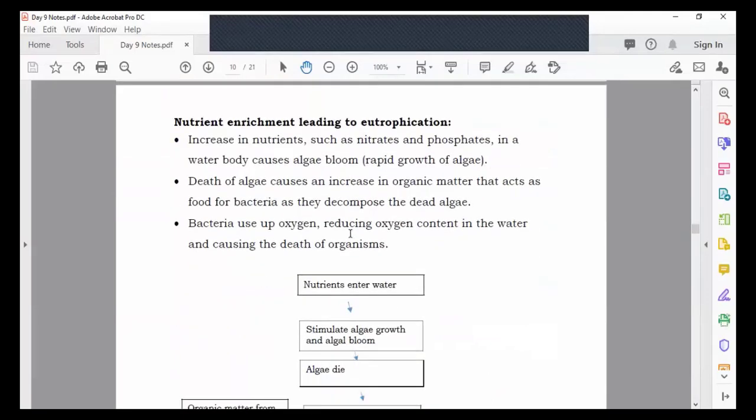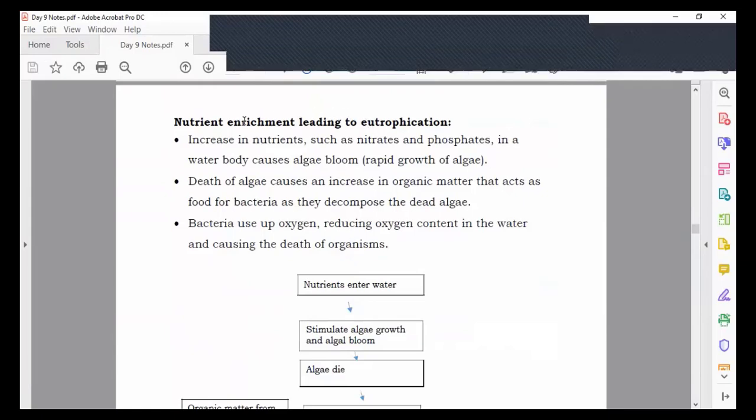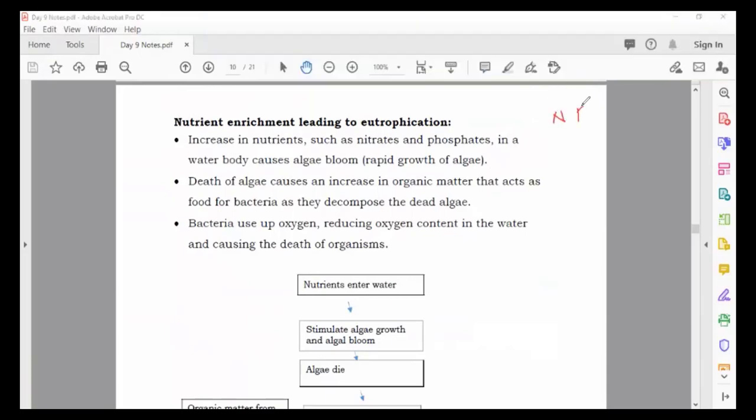Now, nutrient enrichment leading to eutrophication means that excess of everything is bad. If you have nutrients in a suitable amount, then it is useful. We discussed that we give, for example, nitrogen, potassium and phosphorus. They are all good for the plants, but up to a limit.